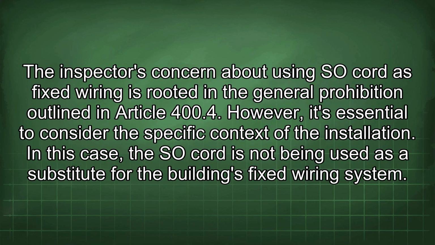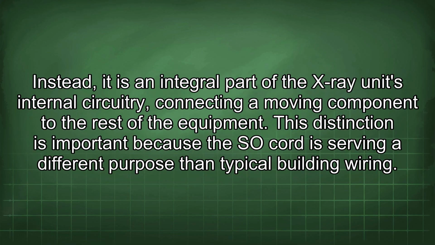The inspector's concern about using SO cord as fixed wiring is rooted in the general prohibition outlined in Article 400.4. However, it's essential to consider the specific context of the installation. In this case, the SO cord is not being used as a substitute for the building's fixed wiring system. Instead, it is an integral part of the X-ray unit's internal circuitry, connecting a moving component to the rest of the equipment.